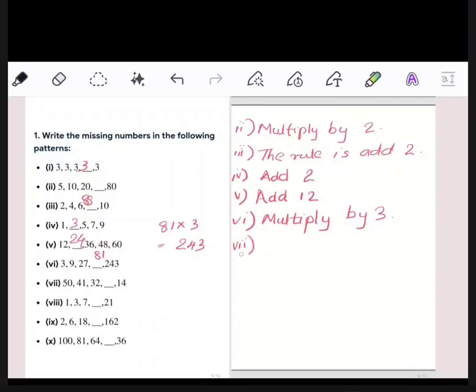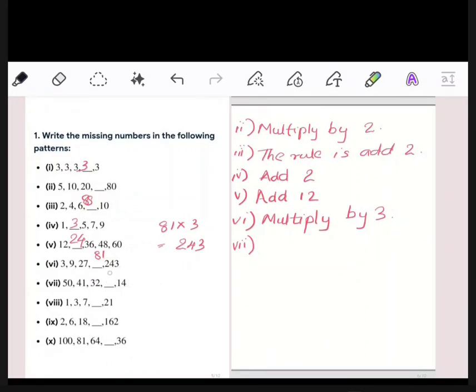Seventh, 50, 41, 32, dash, 14. The numbers are going in decreasing order. So we can do the difference. First 50 minus 41, the difference is 9. 41 minus 32, the difference is also 9. So the next number will also have a difference of 9.